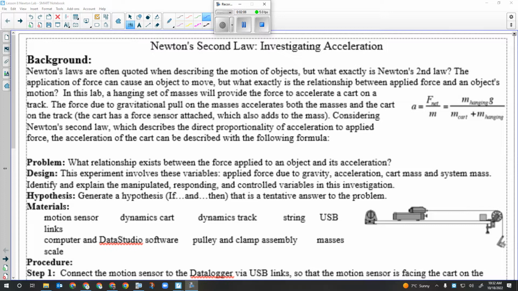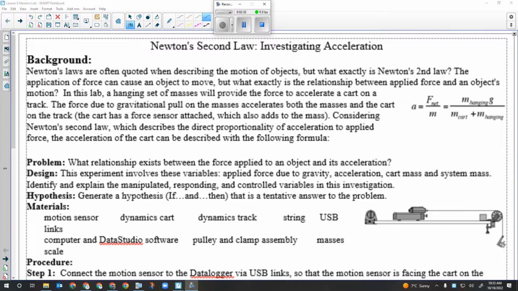What we're going to be recording in this lab is the velocity of the cart so that we can get its acceleration. So we're recording the velocity, but what we really want is the acceleration. So we're going to build a velocity versus time graph. Actually, we're going to build one velocity versus time graph with several runs on it.